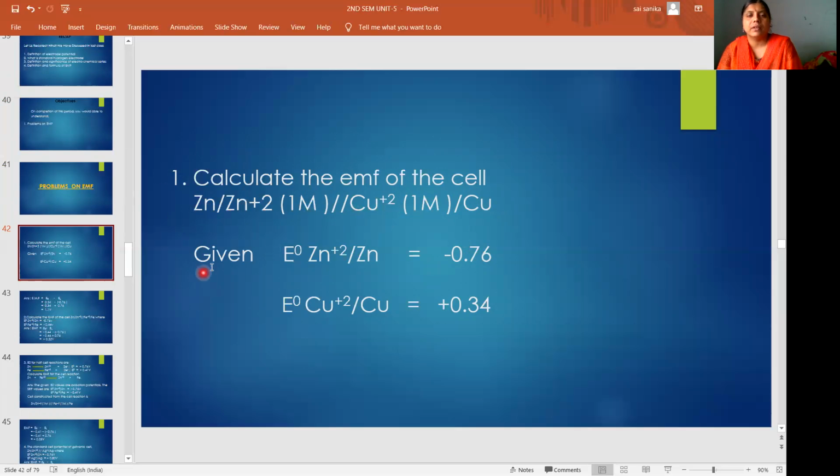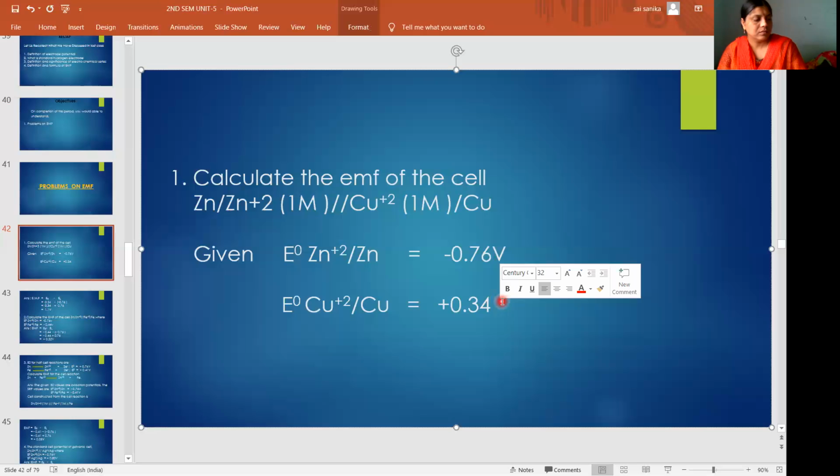Given: the standard electrode potential of zinc is minus 0.76 volts, and the electrode potential of copper is plus 0.34 volts. These are the reduction potential values.